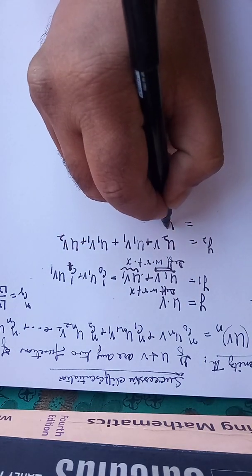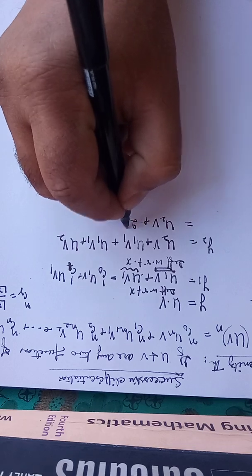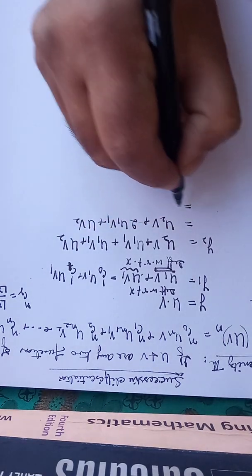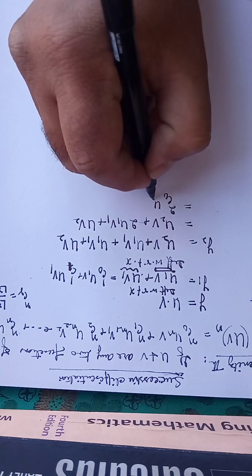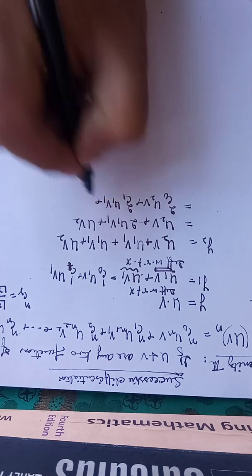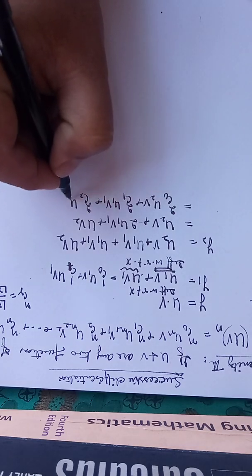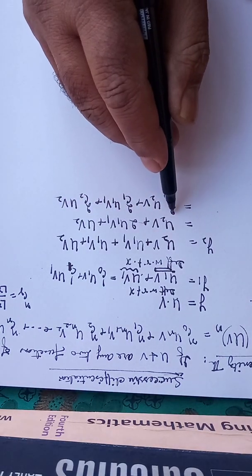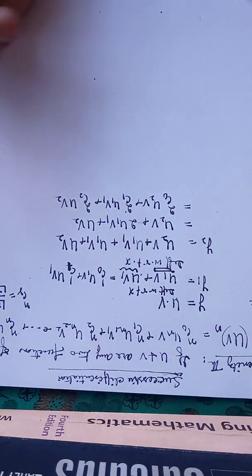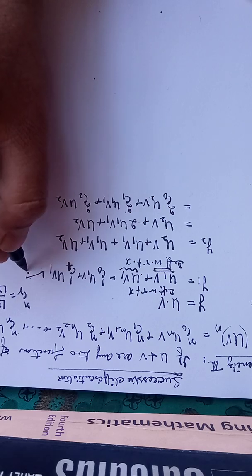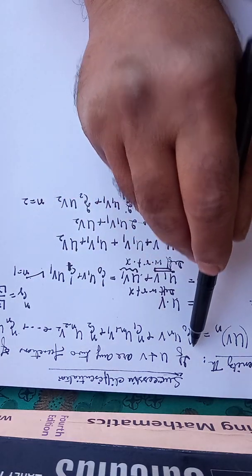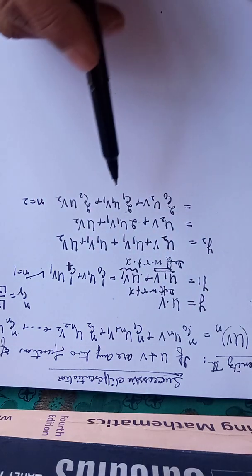Or this is u2 v + 2 u1 v1 + u v2. Or this can be written as 2C0 u2 v + 2C1 u1 v1 + 2C2 u v2. 2C0 is 1, 2C2 is 1, 2C1 is 2. So this shows the result is true for n equal to 1, and for n equal to 2.